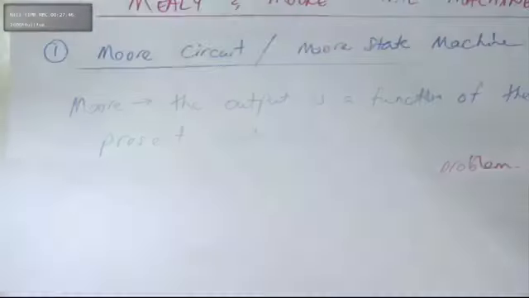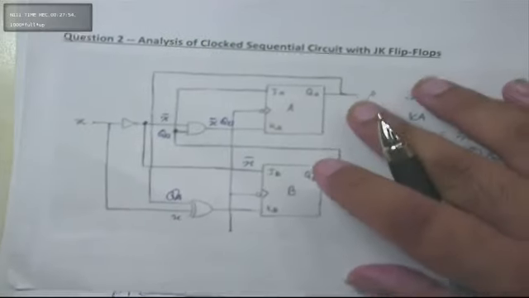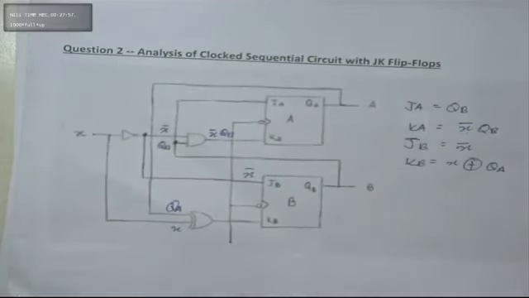Now let me explain this. Let's look at this again one more time, and take into account what I've said over here. If you want, you can redraw this circuit, but we're trying to save time. We're looking at a Moore circuit. Let's say we modify this circuit.